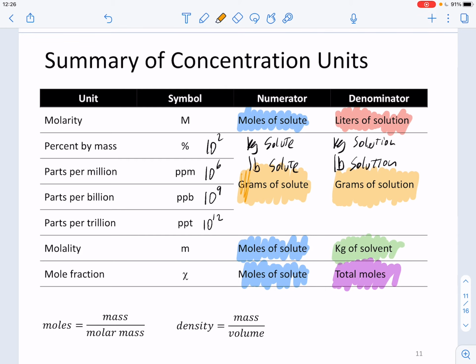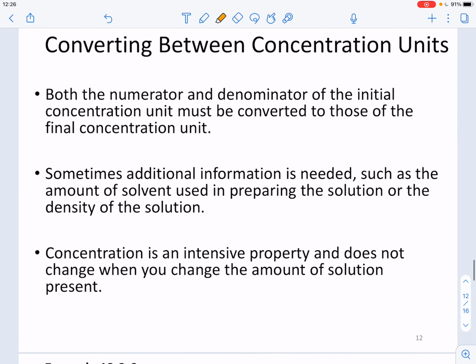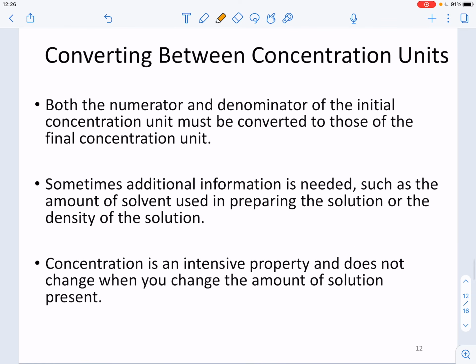A couple of other equations that you are going to need when working with this: moles equals mass over molar mass, and density is mass over volume. You also need the mass of solution equals mass of solute plus mass of solvent, and that comes in very useful because this is where the fun begins. The main goal here is to convert between concentration units.